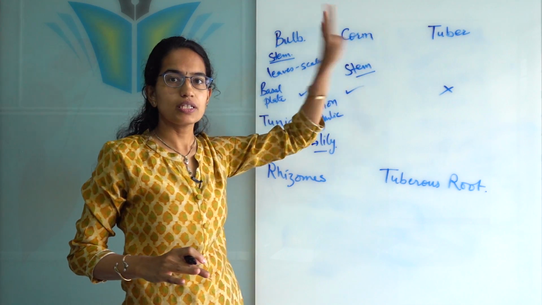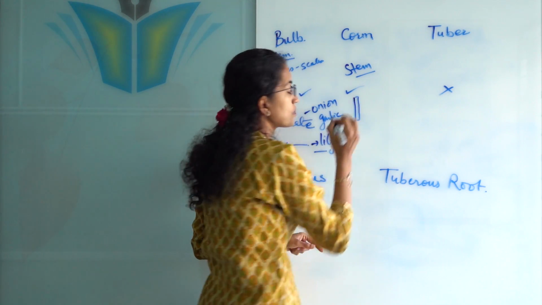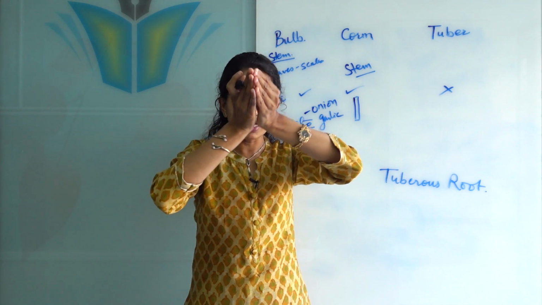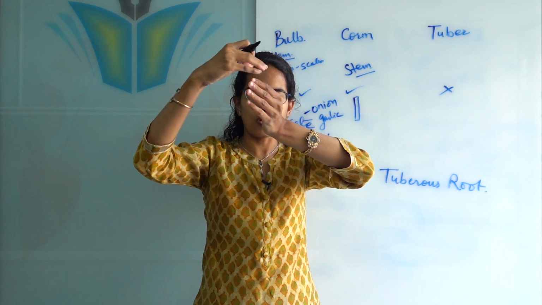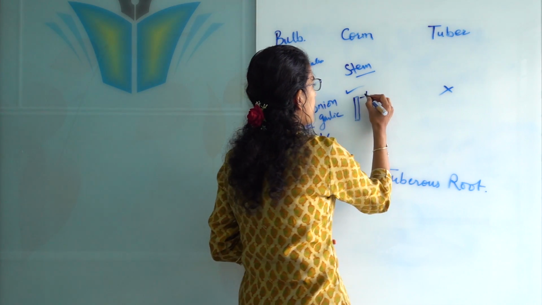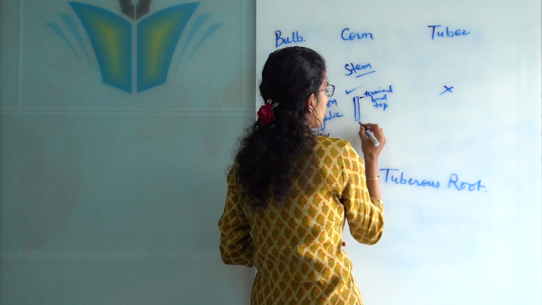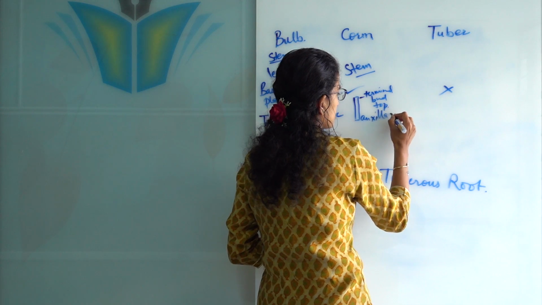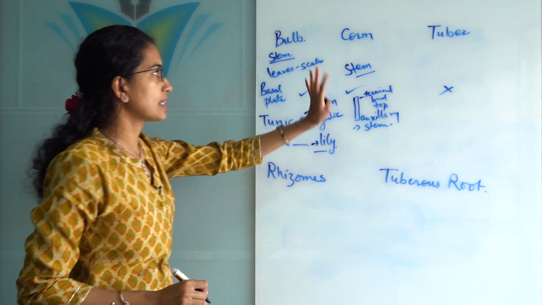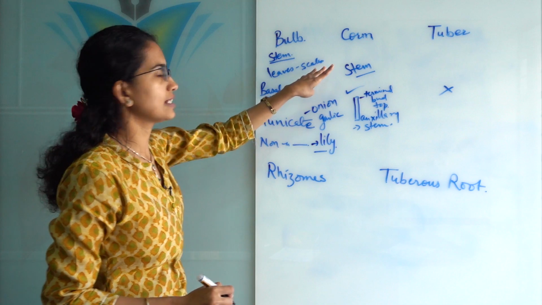The next important thing is that corms have a vertical orientation. Very important, they have a vertical orientation and the terminal bud is present on the top. You have axillary buds which are from the stem. That's again a major difference, but the key idea is that in the case of corm there are no modified fleshy leaves as in the case of bulb.